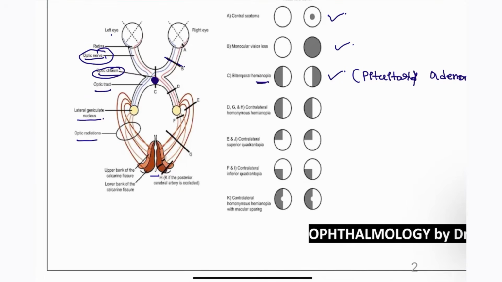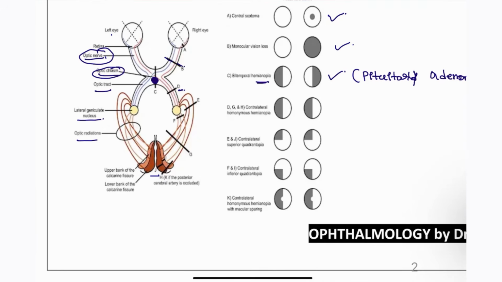Next, coming to optic tract damage. After the optic chiasm, the fibers bifurcate, guys. So if there is damage at the optic tract, these patients will have a contralateral defect.